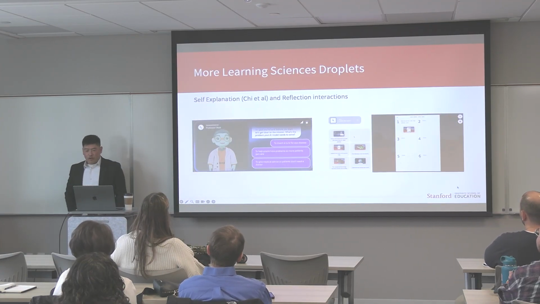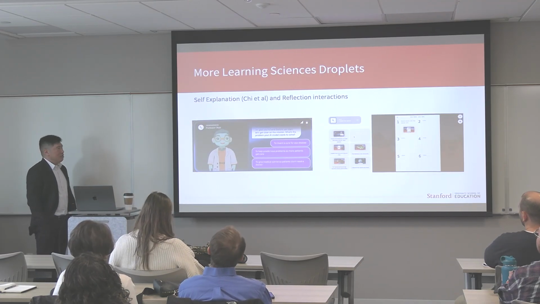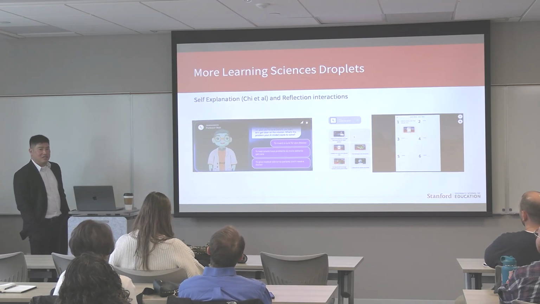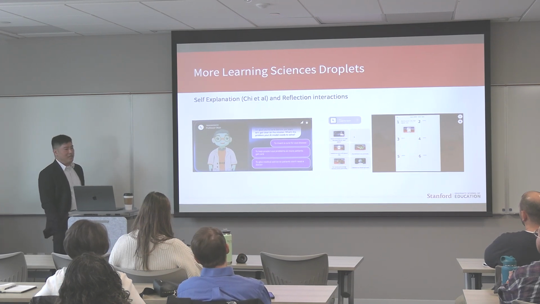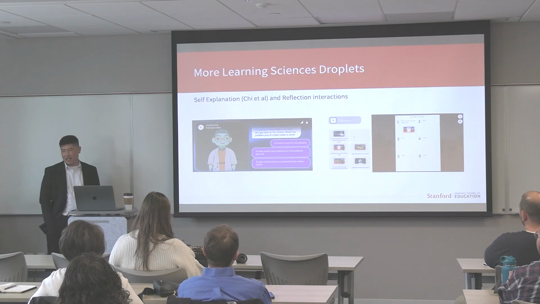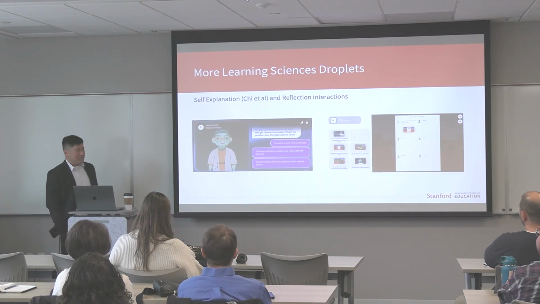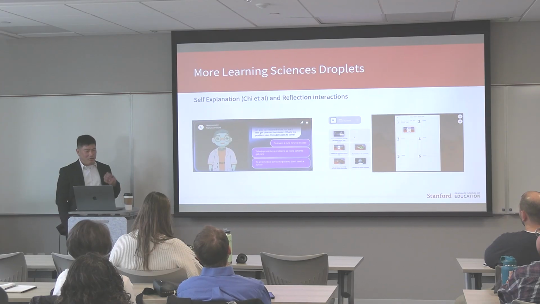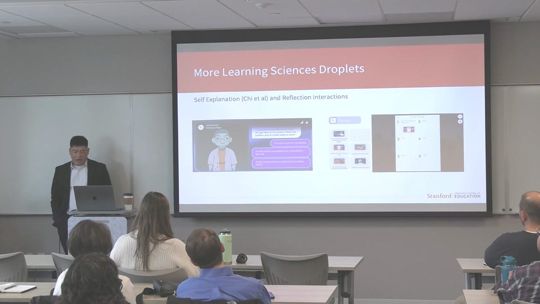Another learning sciences droplet is something, especially in the psych region, known as the self-explanation effect. This is something that a lot of researchers in reading comprehension and in math and many other areas try to inculcate in certain practices, but effectively it means continuing to develop a self-constructed explanation live, dynamically, of the situation and articulating that.